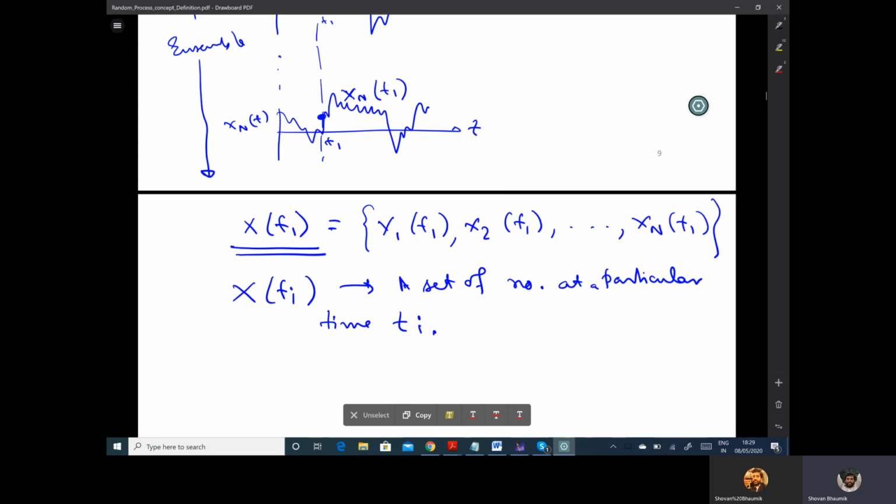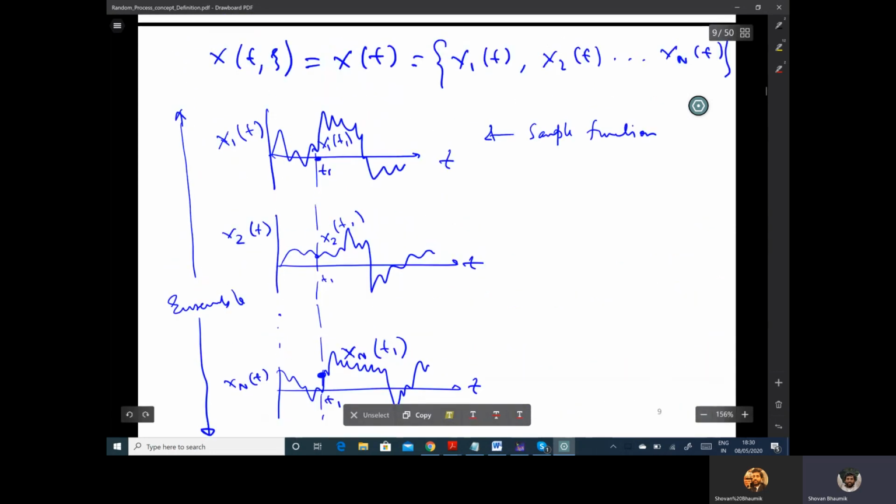So the random process has four different representations. We can represent it as a single sample function. We can represent it as a collection of sample functions. We can represent it as a number, the value at a particular time t. And we can represent it as a collection of all the numbers at a particular time t1.